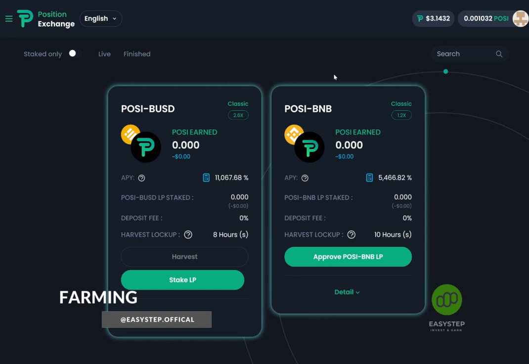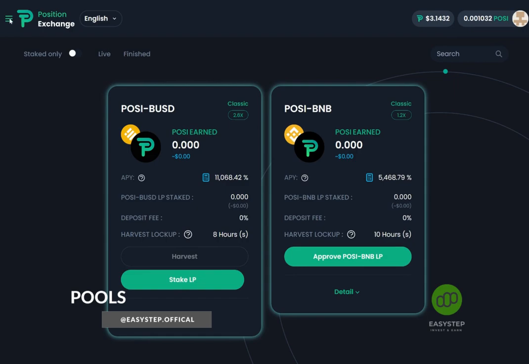But I think the best benefit of using the farm is that it doesn't have a deposit fee. So there's no fee for getting into the farm, and there's no fee for getting out of the farm. So that's what I think is the best feature about the farm compared to the other features on the Position exchange.